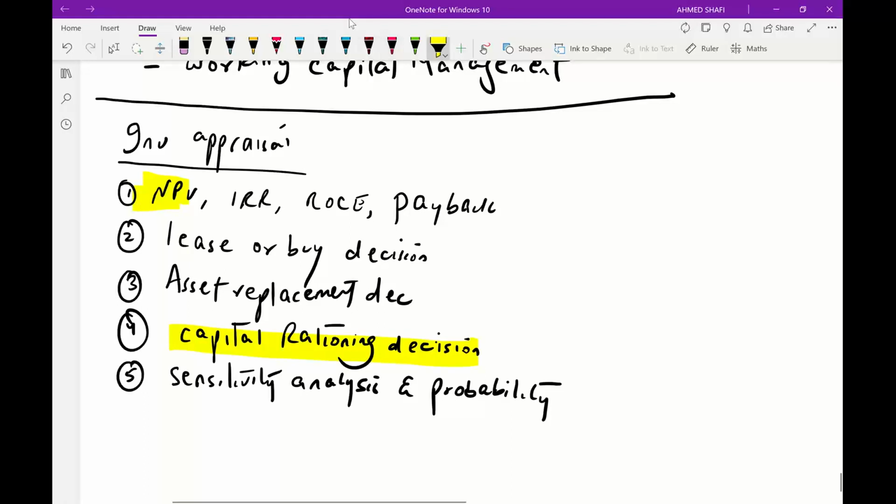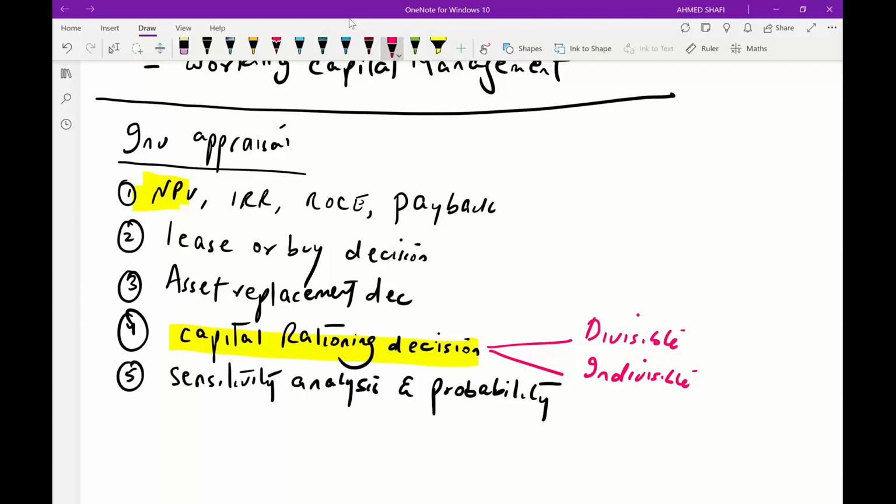Now, you might have studied the optimum investment schedule in NPV during your studies. In capital rationing decision, we have to make an optimum combination. There are two types of projects. Sometimes projects are divisible and sometimes they are indivisible. Divisible means they can be taken in proportions, 50%, 60%, 70%, and indivisible means can only be taken in full, never in proportions.